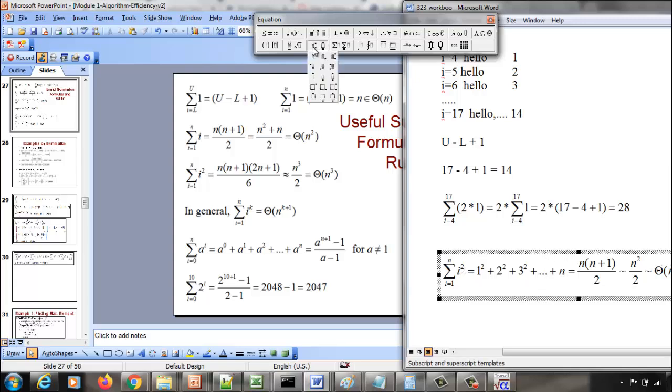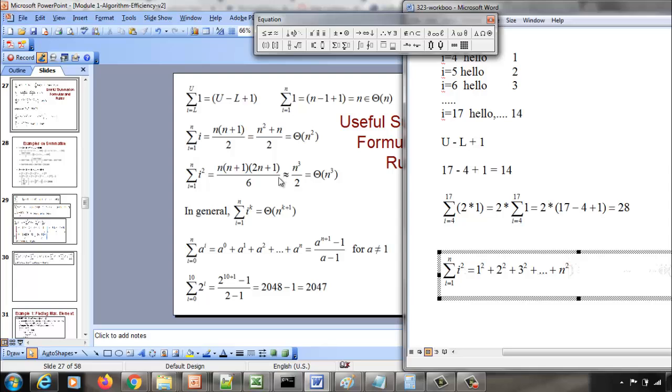The formula is n times n plus 1 times 2n plus 1 over 6. So that's the formula for 1 square plus 2 square plus 3 square up to n square. If you simplify this by just picking the highest, most dominating term, we are going to have n cube.